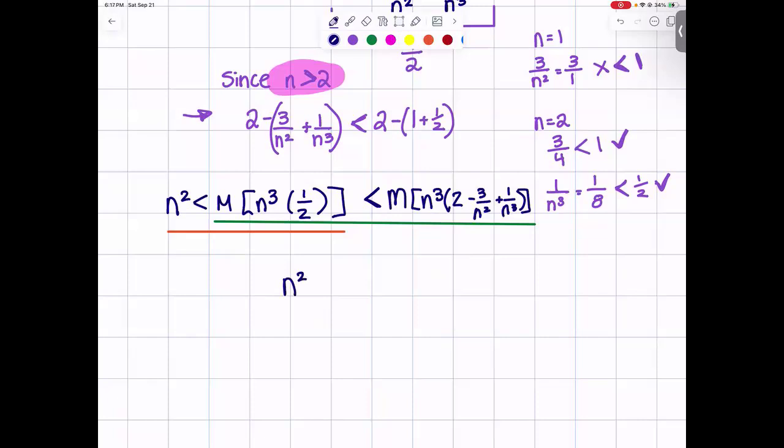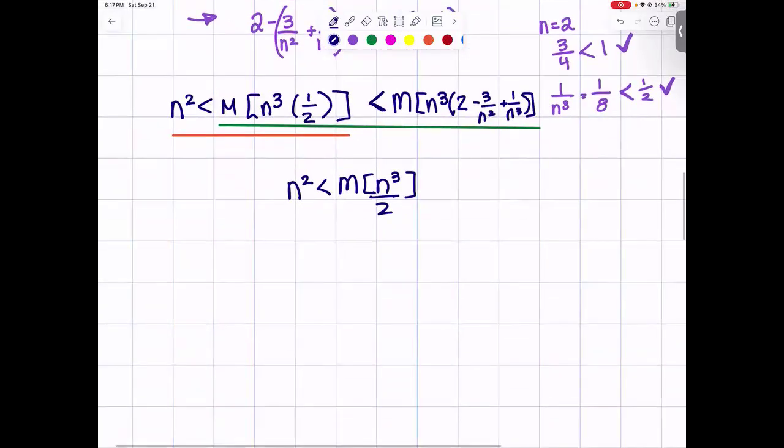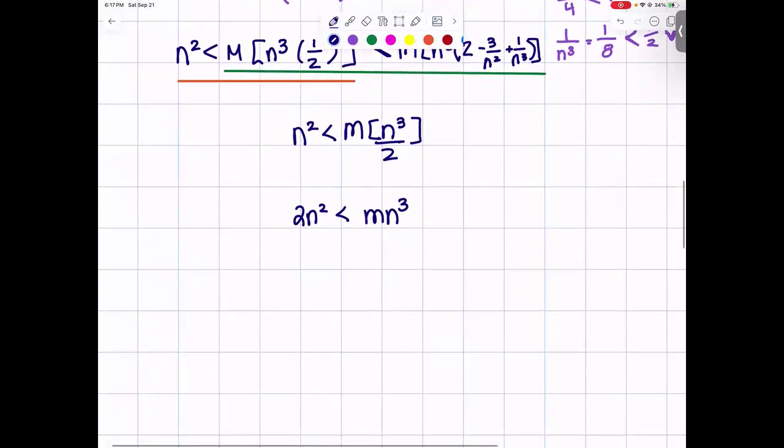We have n squared less than m over n cubed like this. What can we do here? We can multiply both sides by 2 so that we end up with 2n squared over m n cubed. We can divide both sides by m, and just cross those out.